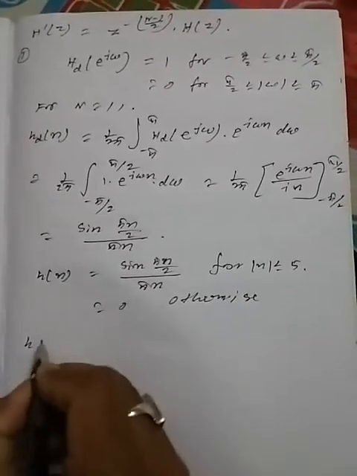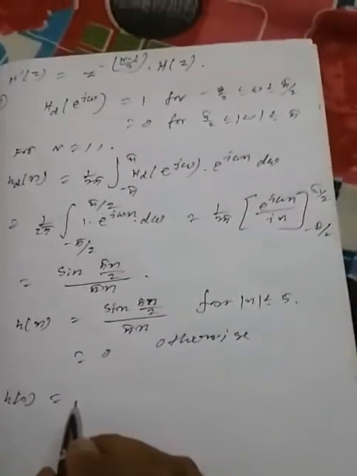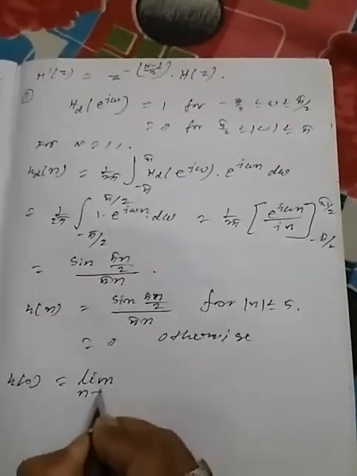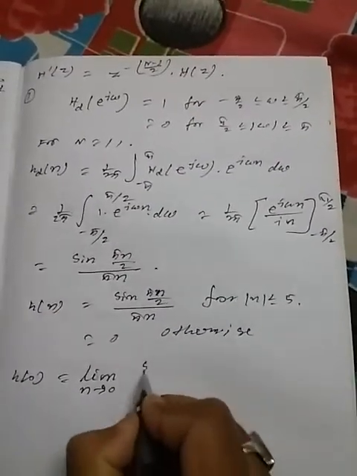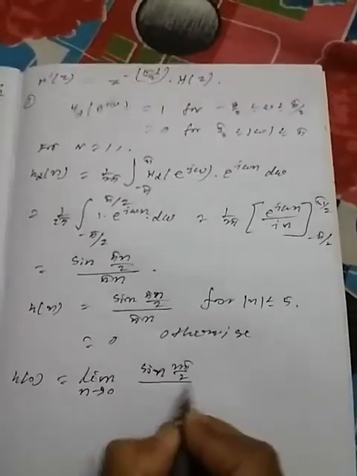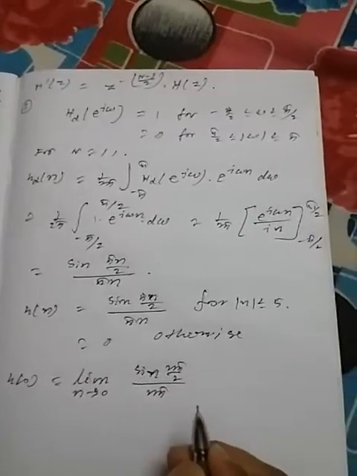So to find h0, we have to take a limit here. Limit n tends to 0 of sin(nπ/2) by nπ, right?